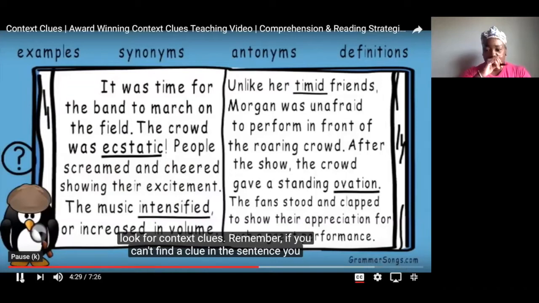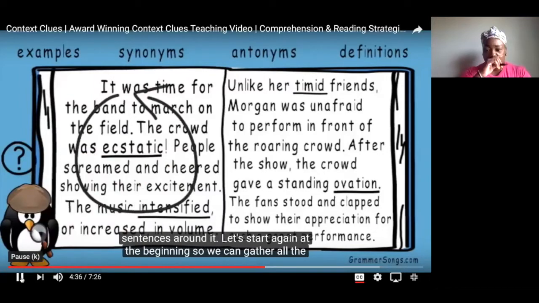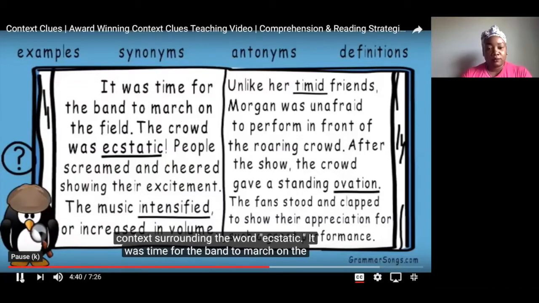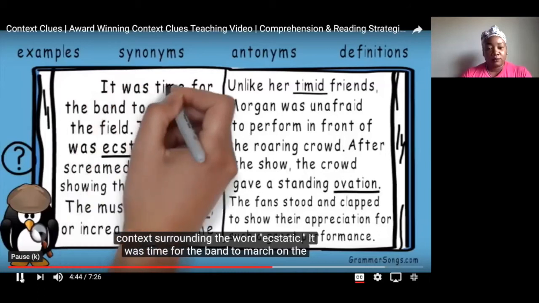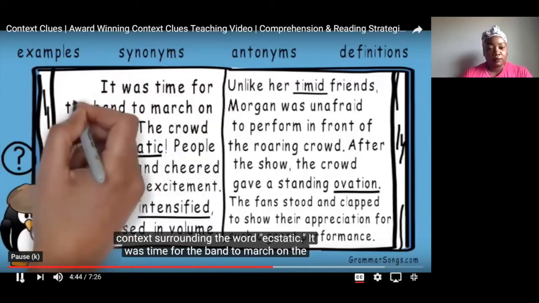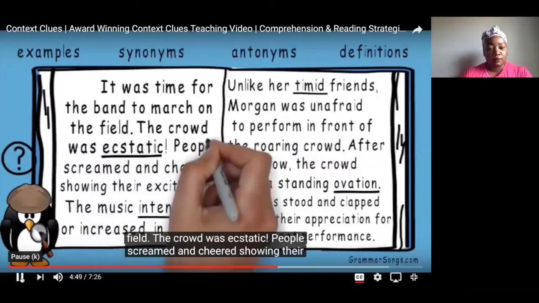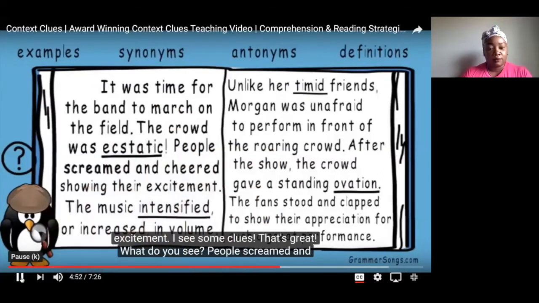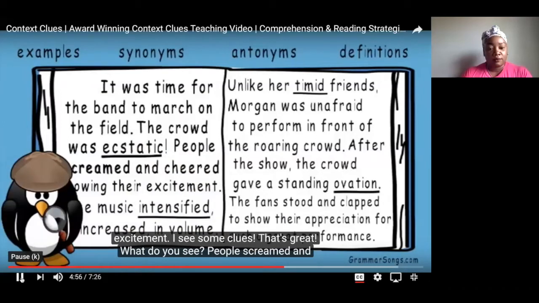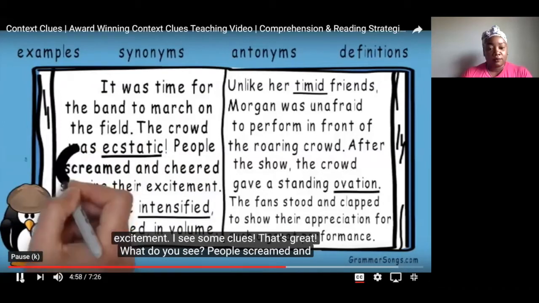Remember, if you can't find a clue in the sentence you just read, you should keep reading. A word's context includes the words and sentences around it. Let's start again at the beginning so we can gather all the context surrounding the word ecstatic. It was time for the band to march on the field. The crowd was ecstatic. People screamed and cheered, showing their excitement. I see some clues. That's great. What do you see?